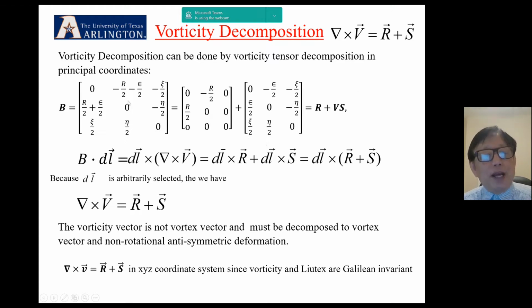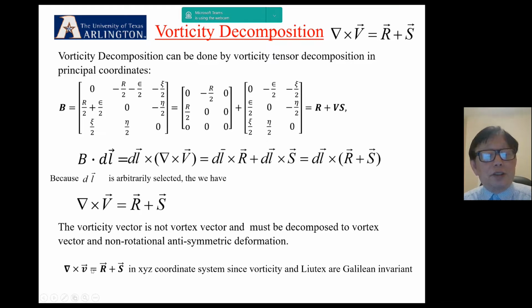This is very easy to prove, because the anti-symmetrical part can be decomposed into rigid rotation and the shear. Therefore, we can decompose the vorticity into the two parts, R and S, or we call it vorticity RS decomposition.